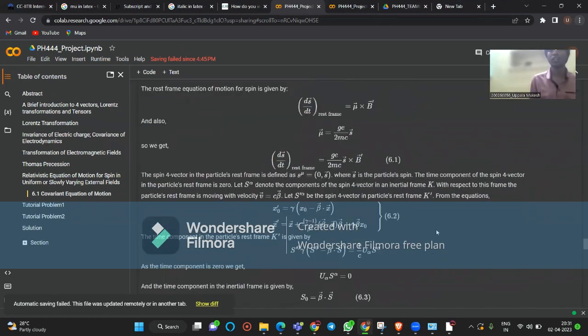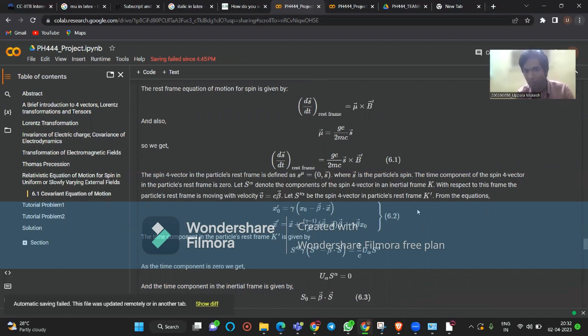So you can see that the first equation is dS bar by d tau. S bar is the spin of my electron, and dS bar by dt in the rest frame is given by mu bar cross B bar prime. Here mu bar is my magnetic moment vector, and B bar is the magnetic induction, when the electron is placed in an external electric and magnetic field.